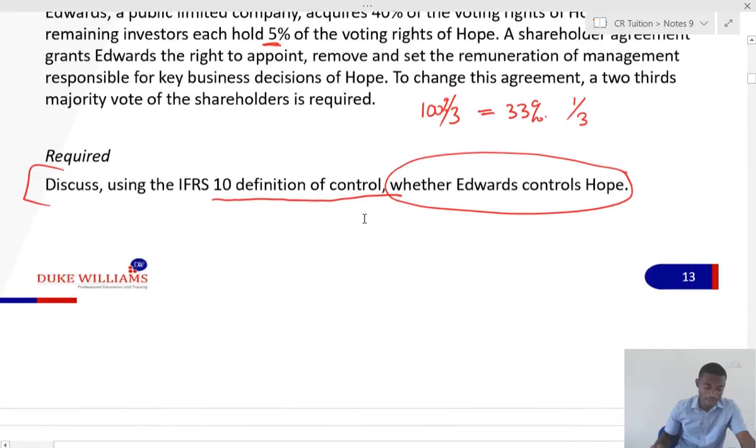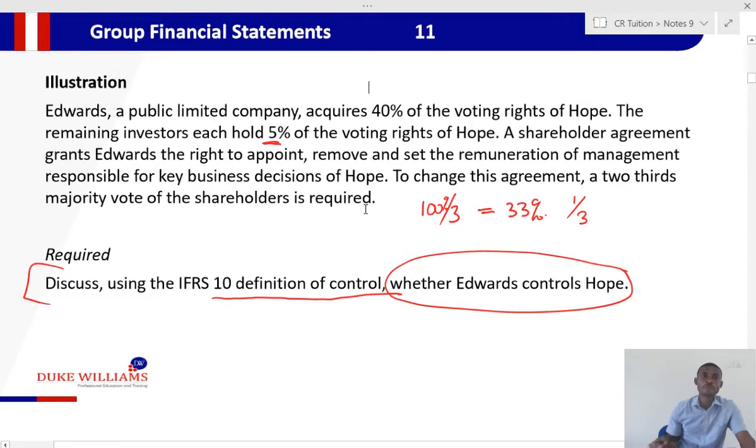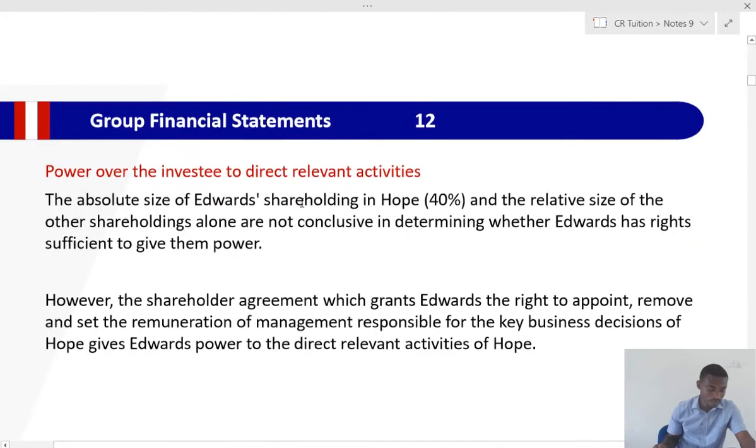So our structure will be to use the definition of control to guide. So we look at the power to govern, exposure, and ability to use the power to structure the answer. So let's see. First, the power over the investee to direct the relevant activities.